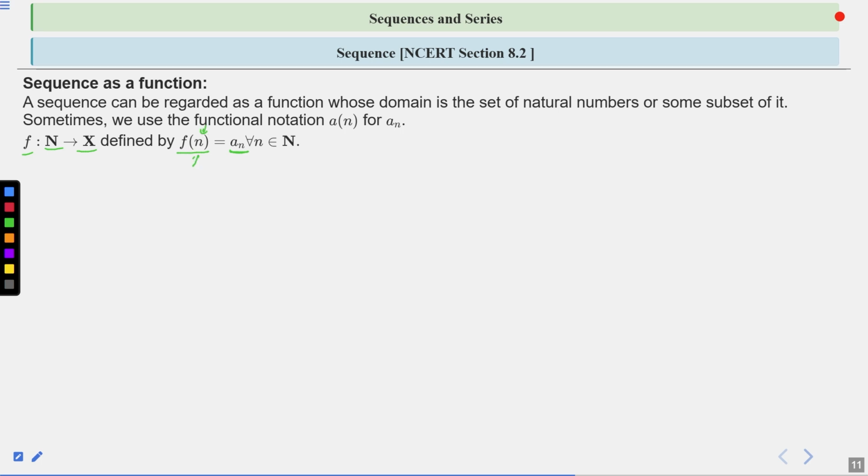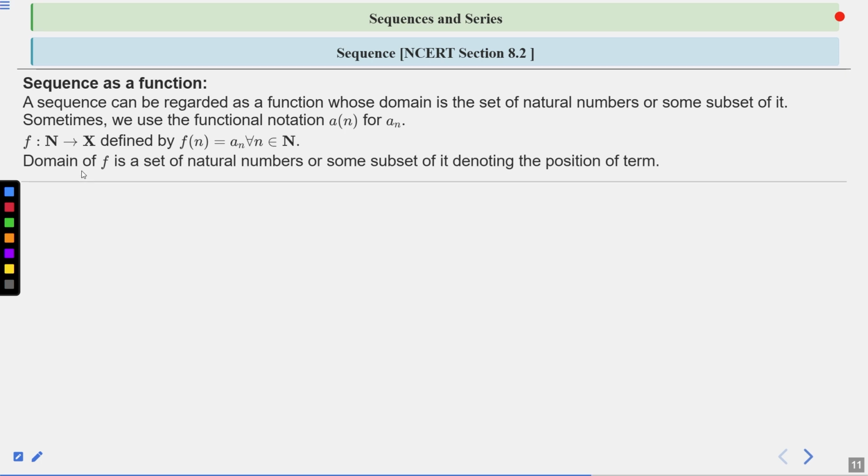For each position, you must have some member of your sequence, some term, which is represented by an. An is the nth position term. Simple. So the domain of F is the set of natural numbers or some subset of it, denoting the position of the term. Simple. Moving to next.